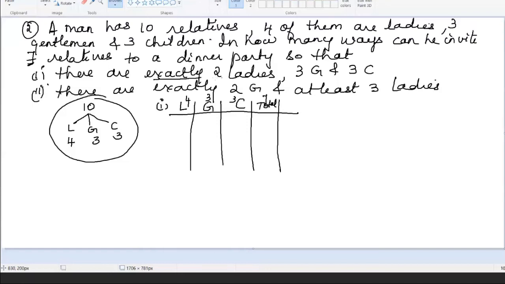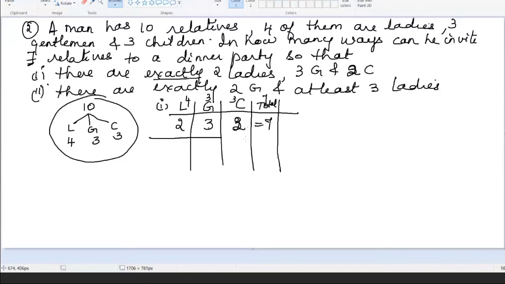So I want exactly 2 ladies. Okay, so where there are ladies, I will write 2. Then I want 3 gentlemen, 3 children. Check whether this total is right, and here it is 2 children. Please make this correction, first one, because only 7 we want, no? So this is 2 children. Now check whether this is equal to 7. 2, 5, 7. Yes. Okay, so over.